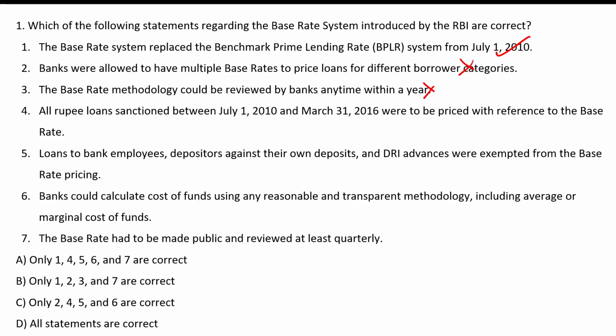So this is not correct. All rupee loans sanctioned between 1st July 2010 and March 31st, 2016 were to be priced with reference to base rate. So this is correct. Loans to bank employees, depositors against their own deposits, DRI advances were exempted from the base rate pricing. This is also correct.